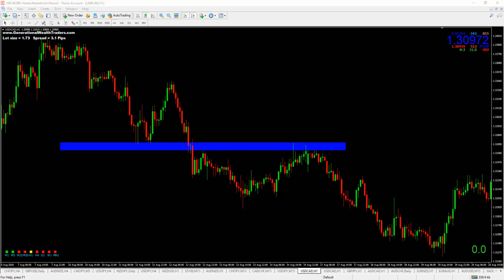The support is the price level where an asset can trade down to, but not exceed for a period of time. Support is that level at which the aggression of buyers overcomes the aggression of sellers. Now, looking at the higher time frame, it's where demand exceeds supply.